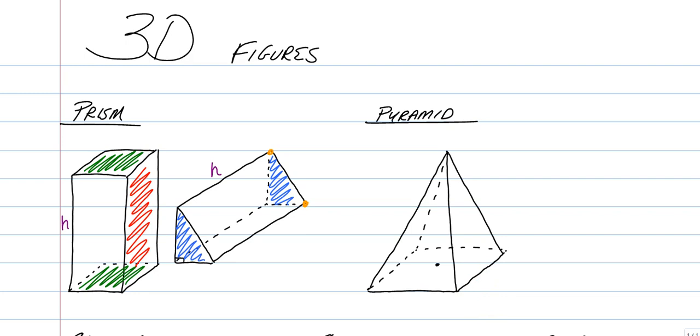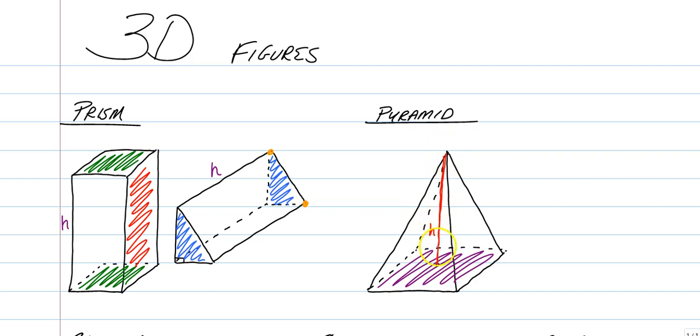But they have two different heights, and it's extremely important that you know the difference here. So, again, we know that this bottom is going to be our base. But one of your heights is the actual height of the pyramid. So, how tall this pyramid is from the bottom to the top.